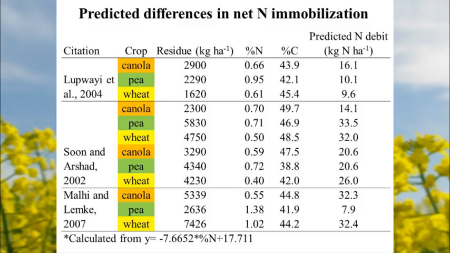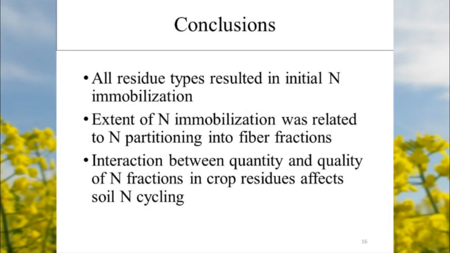In conclusion, all residue types resulted in initial nitrogen immobilization or tie-up. The extent of immobilization was related to nitrogen partitioning into fiber fractions, specifically the soluble fraction, the one that can dissolve and react readily. And there was an interaction between quantity and quality of the nitrogen fractions in the crop residue, and that's affecting nitrogen cycling.